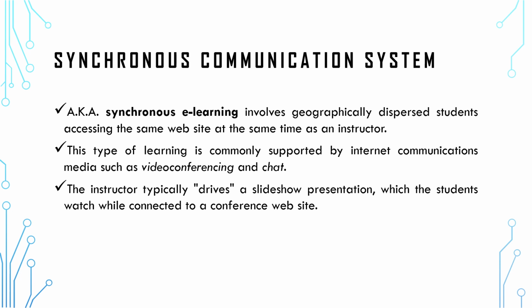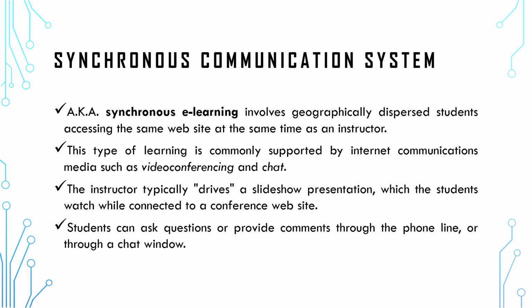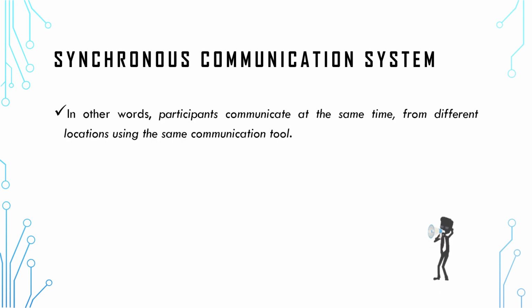For instance, the instructor typically drives a slideshow presentation which the students watch while connected to a conference website. And as such, students can ask questions or provide comments through the phone line or through a chat window. In simple terms, participants communicate at the same time from different locations using the same communication tool.